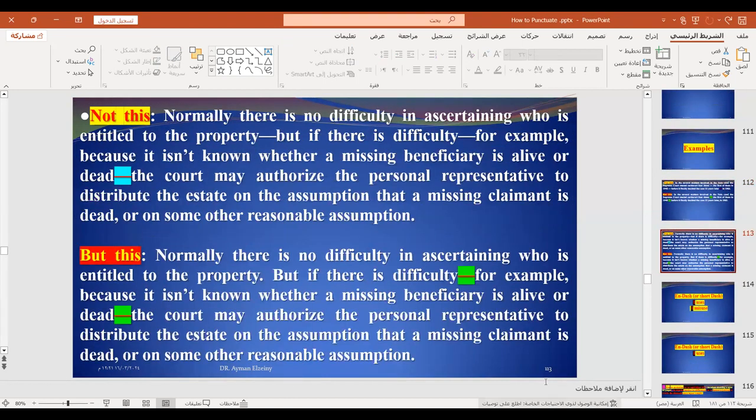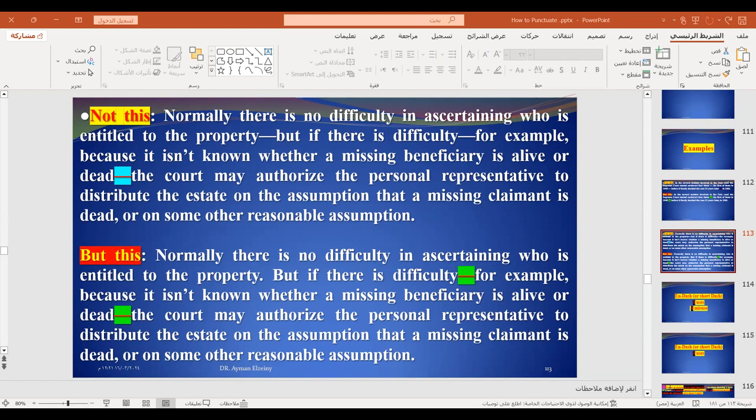Another example. Normally, there is no difficulty in ascertaining who is entitled to the property.